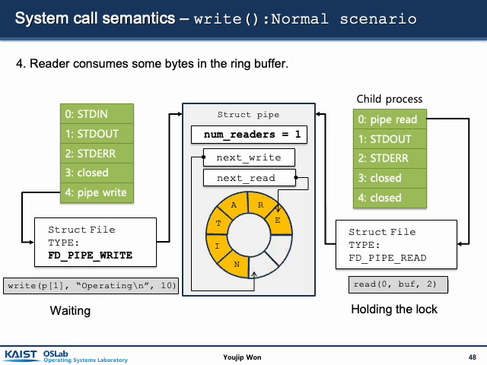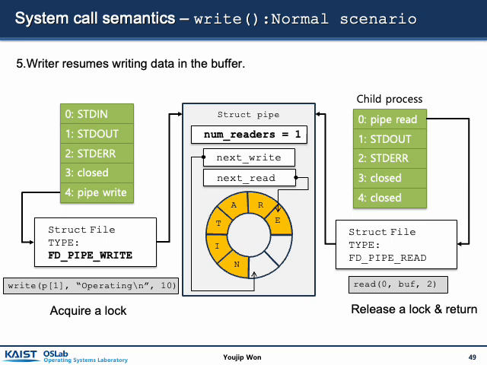So the child process holds the lock of the pipe, and it reads the characters in the kernel buffer one by one. In this case, the child process reads two characters from the buffer. So the read end moves by 2 characters, and the read system call that reads 2 characters returns.